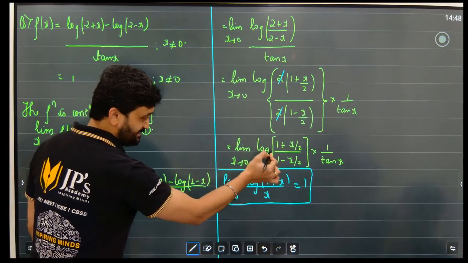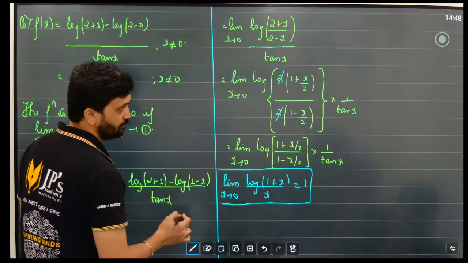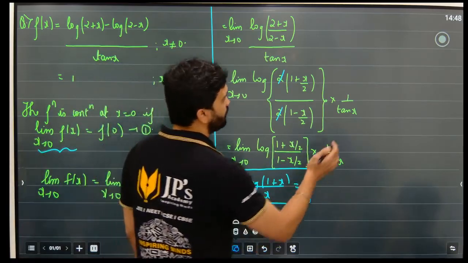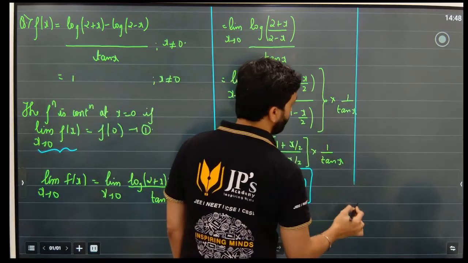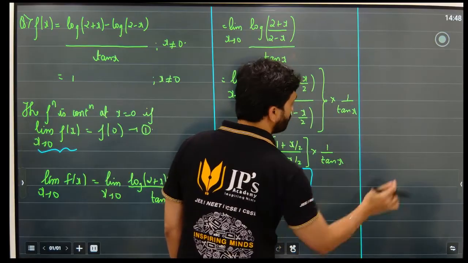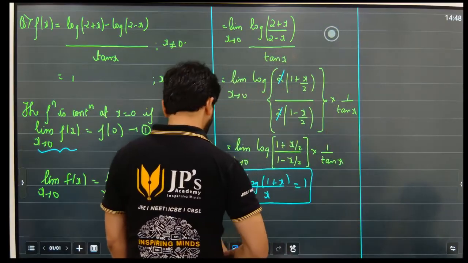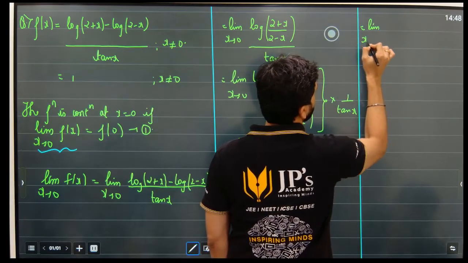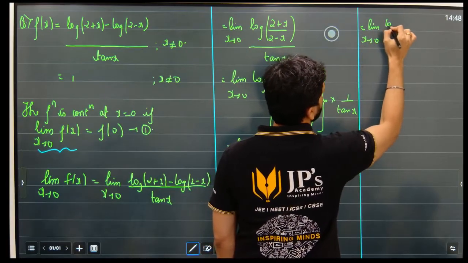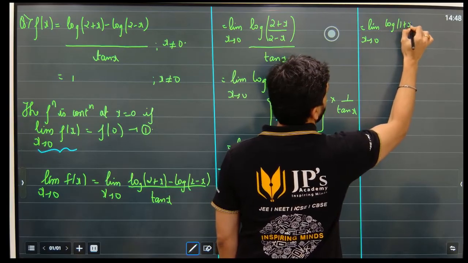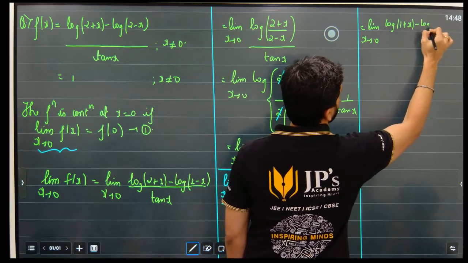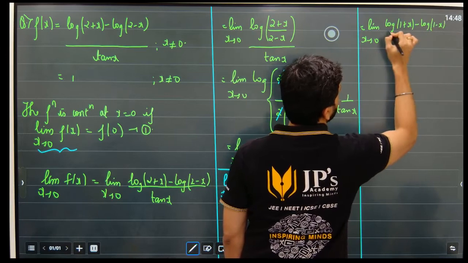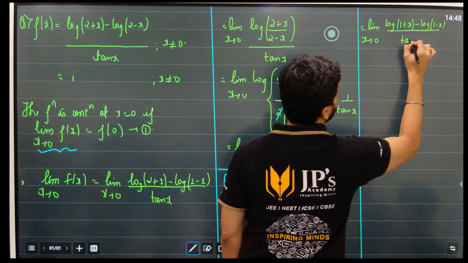According to this, again log A upon B is nothing but log A minus log B. So this will become limit x tends to 0 of log of 1 plus x minus log of 1 minus x upon tan x.